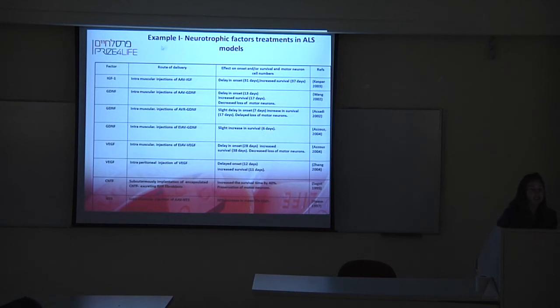You see that, for example, if you give IGF-1, you get a very substantial delay in disease onset. You also see it for many other things here, like GDNF leads to this delay in onset, and several other growth factors lead to delay in onset, which means that they were giving it to the mouse before disease onset, and that's why they could test the effect on disease onset.